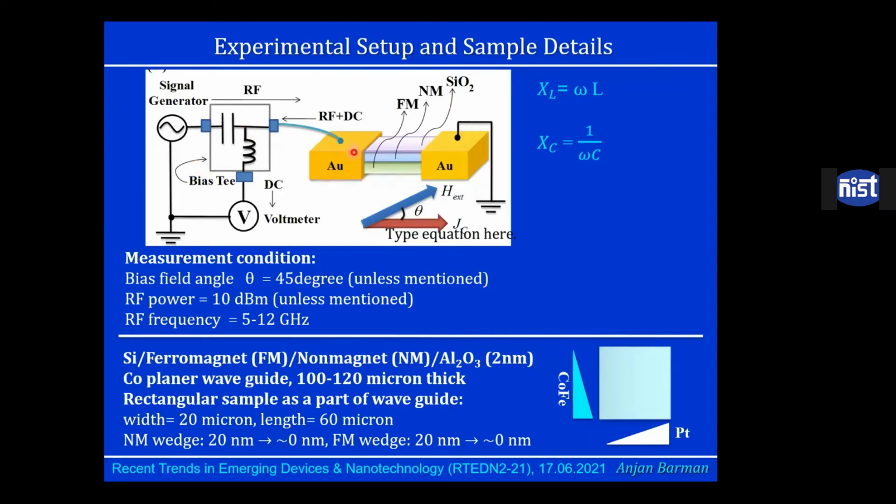You will have a ferromagnet and non-magnet heterostructure, and because you want to deal with both DC and RF current, you need an LC kind of circuit, which is called a bias T. Of course, the AC component will flow very easily through the capacitor, whereas the DC component can be measured very easily through the inductor. So you can apply the AC component through this and measure the DC voltage by the inductor part.